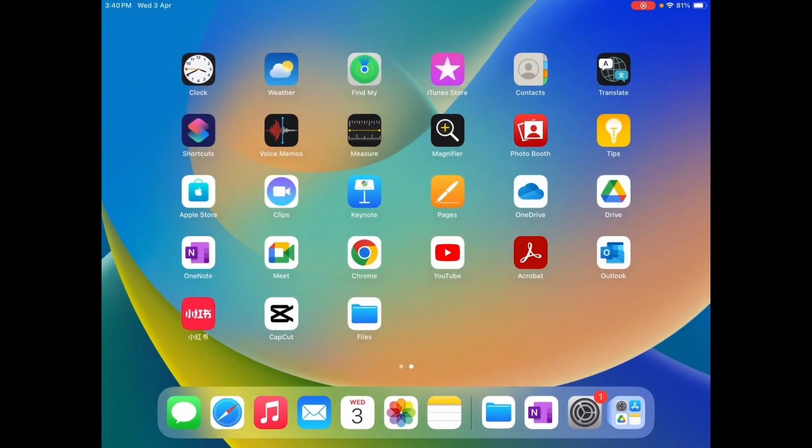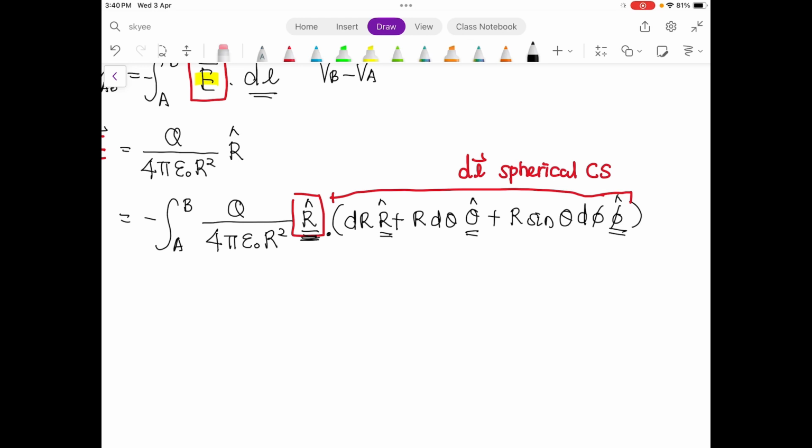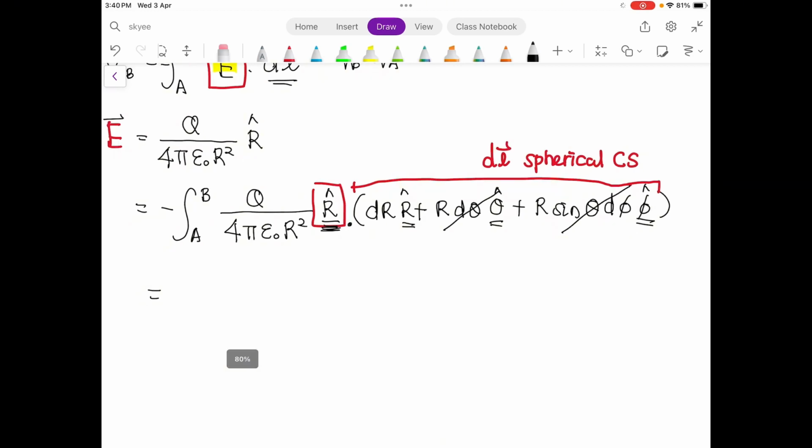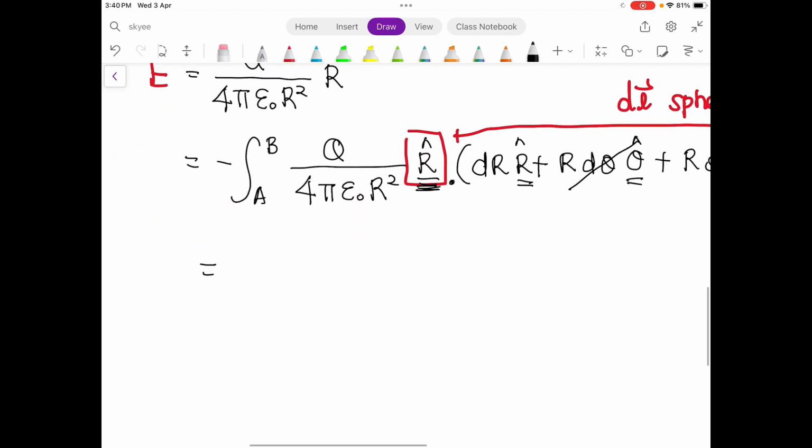So over here, the terms for theta and phi will be missing.